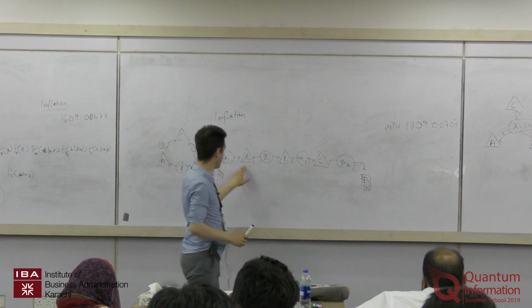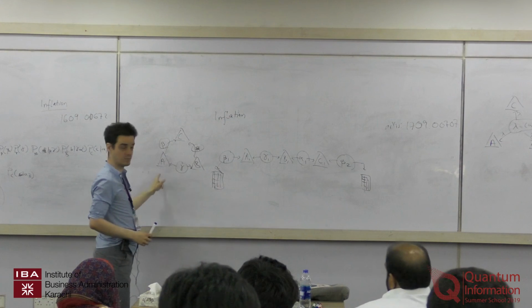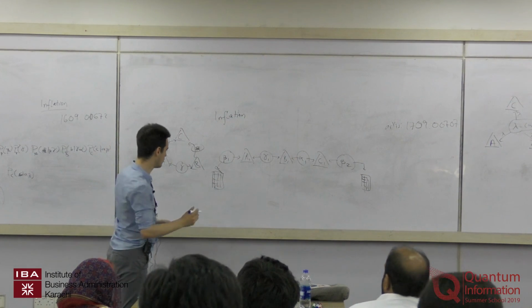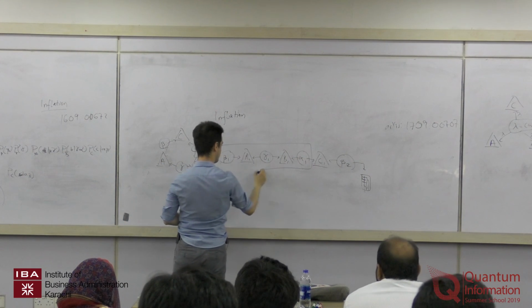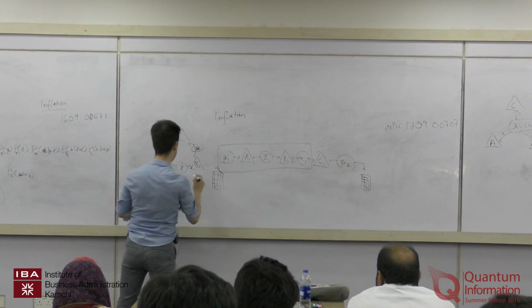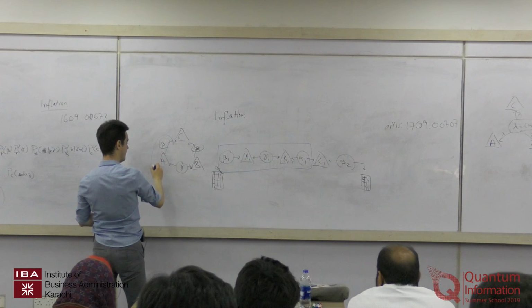Of course, the correlation produced by A, B, C here is not the same as the one we produced there because we did something different. But if I just look at this part, what I have inside here is exactly the same as what I have inside there.